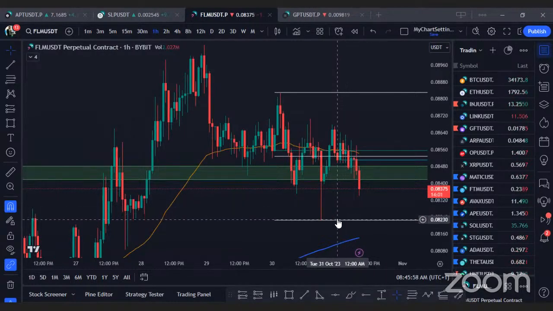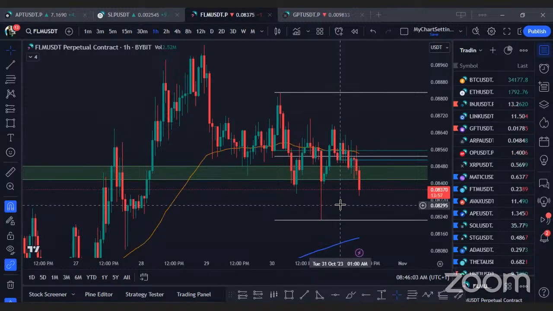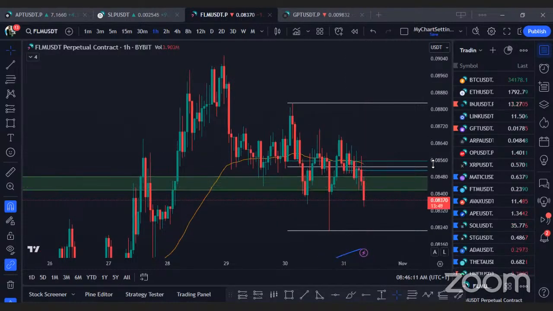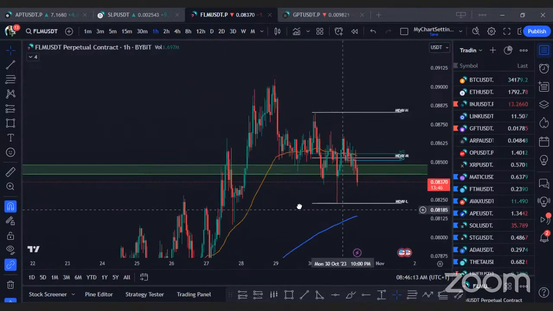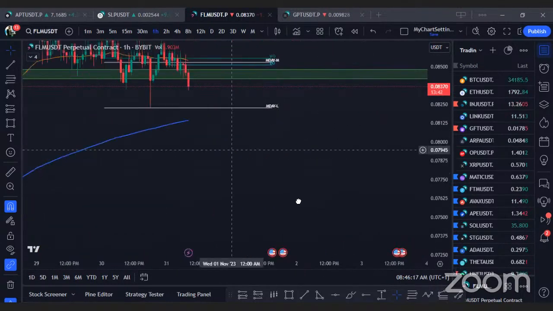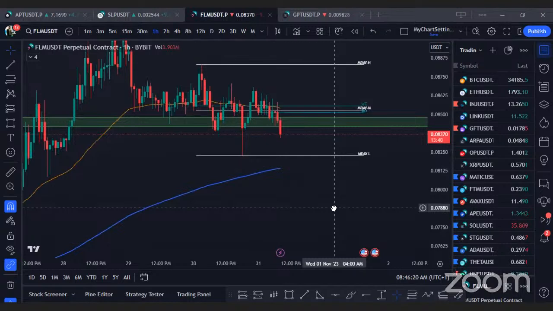I was in a phone call and didn't see. I was going to adjust, then when I came back, it had already hit my stop loss. I see. I think I entered the trade with $500.